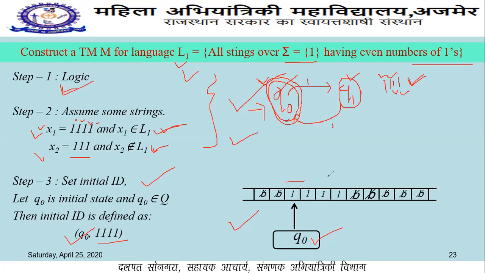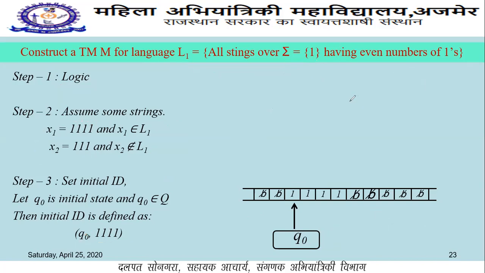And these are all tape symbols. So initially it is in initial state Q0, reading the very first symbol in the input string. Okay, so this is the initial instantaneous description, and we can write this in alpha beta gamma format also. Let us move to the next slide for other steps.